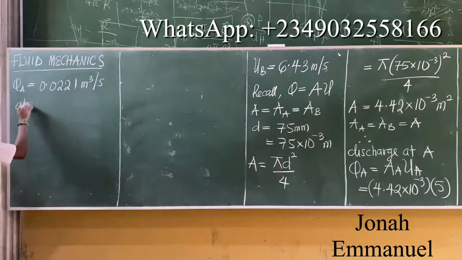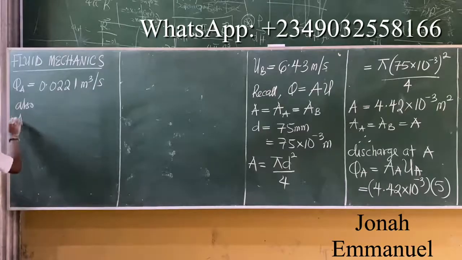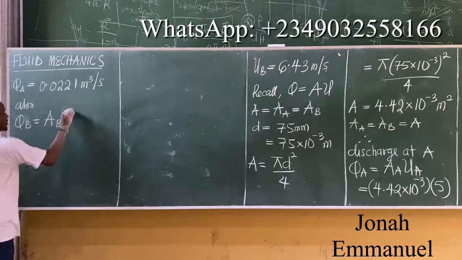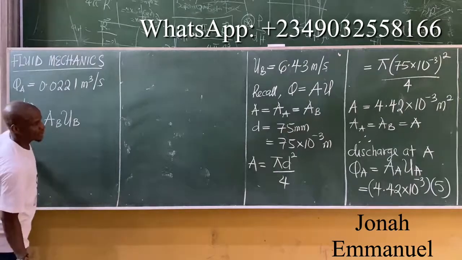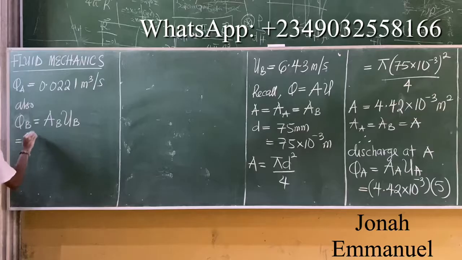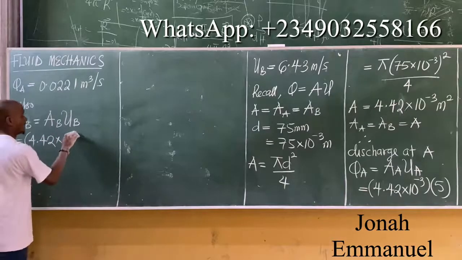Also at point B, QB is equal to ABUB. And that's equal to AB, the same value, 4.42 times 10 to the power minus 3.